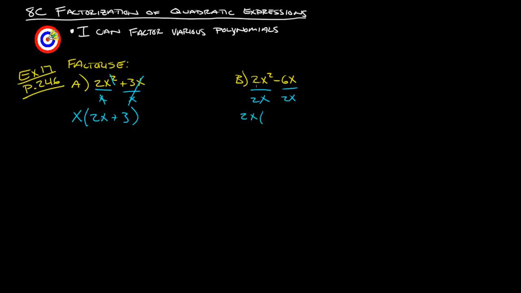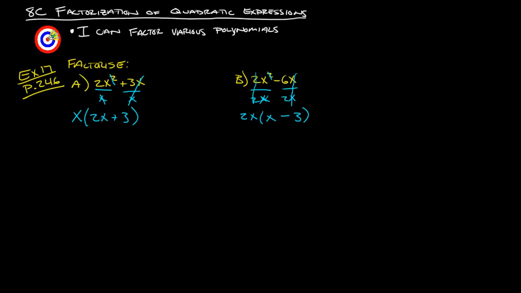When I divide 2x squared by 2x, the 2's reduce out and one of the x's reduces out, so we just end up with x. Then minus, and 6 and 2 reduces down to 3, and the x's reduce out. So you just get 2x times x minus 3.